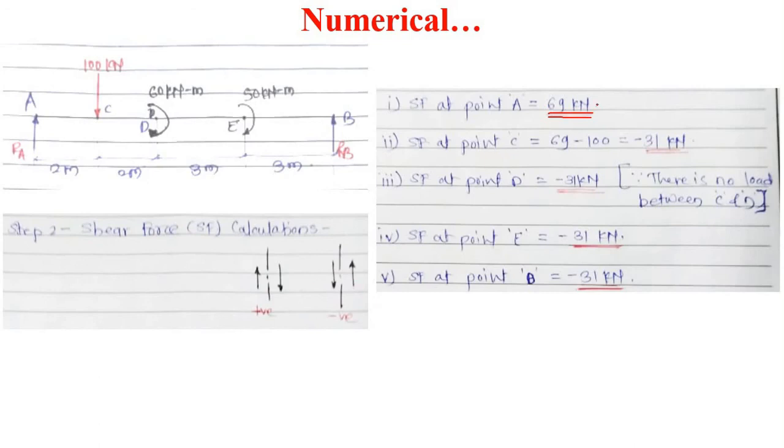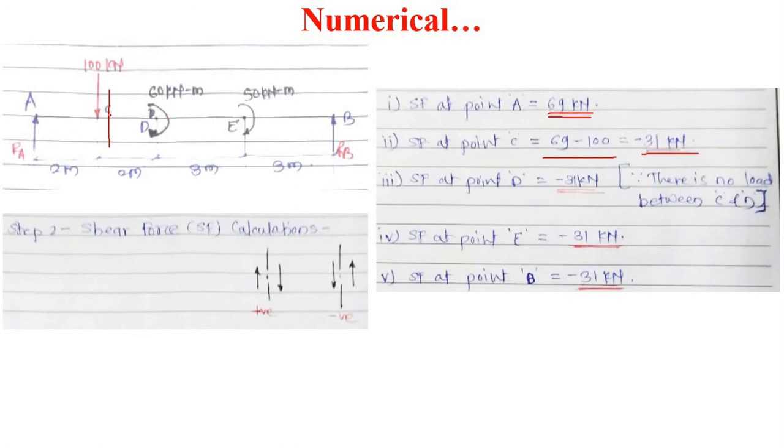So 69 minus 100. We take a section just at the right side of C. The 100 kilonewton is downward, so it is minus, and RA is upward, so it is plus. RA 69 minus 100 becomes minus 31 kilonewton. That is the shear force at point C.